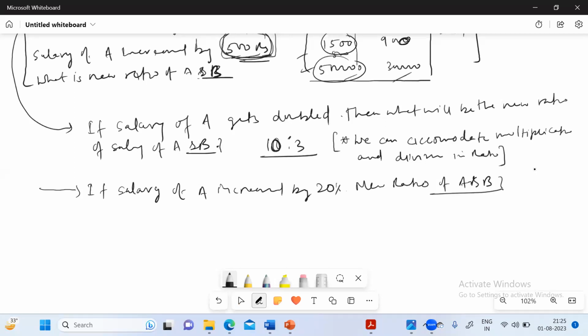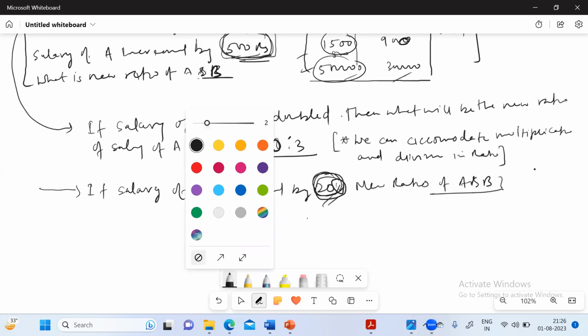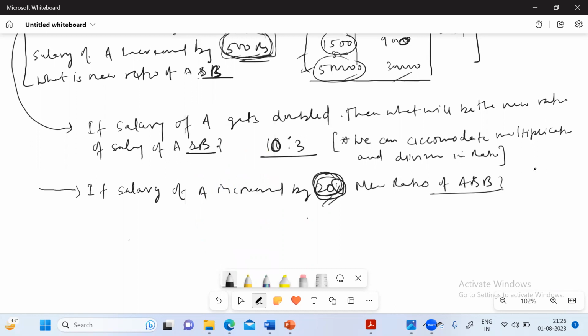An increase of 20% we can represent as a multiplier, like I have told you: a percentage increase or decrease can be represented as a multiplier. Did I tell you or not?